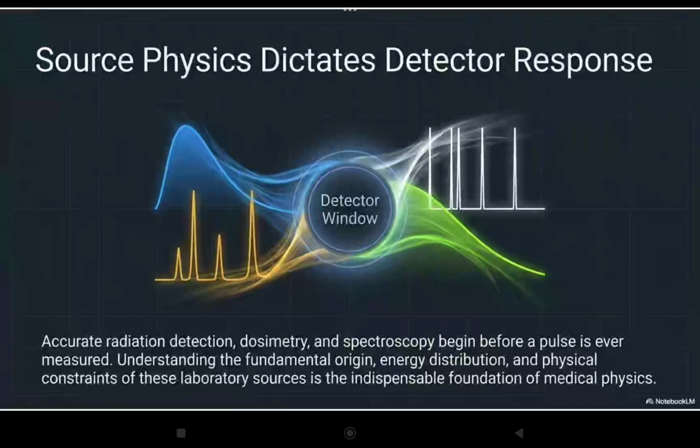Once you understand whether a source is charged or uncharged, heavy or light, continuous or discrete, you can predict much of its behavior before looking at a single measurement. That kind of thinking is especially valuable in nuclear medicine, where image quality, detector calibration, shielding, and radiation safety all depend on choosing the right source for the right purpose.